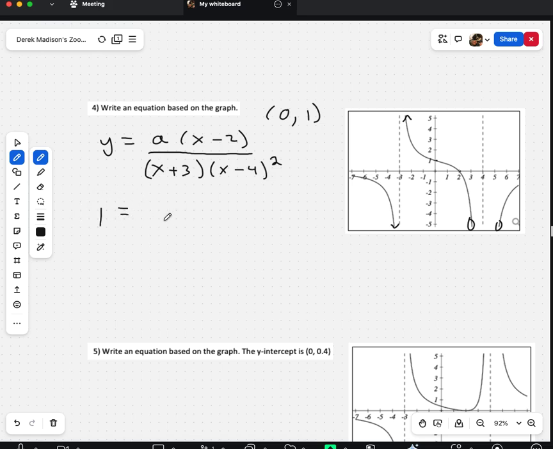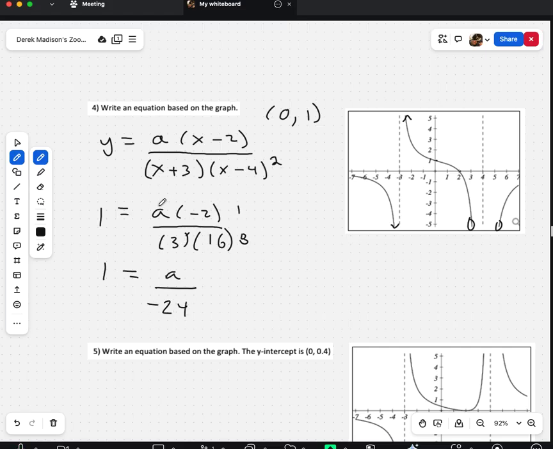So again, now I have an x and a y that I can plug in and use to get a. So y equals 1, that'll be negative 2, and 3 times negative 4 quantity squared would be 16. So that would reduce and become 1/8. So this is going to be, let's put the negative in the denominator. So multiply it up here in a second. 2 over 48 would be a 24 down there.